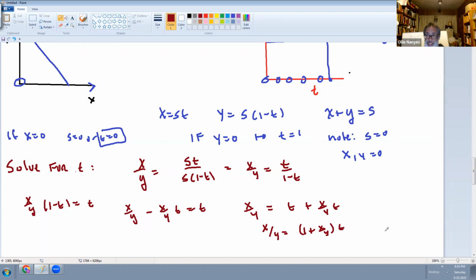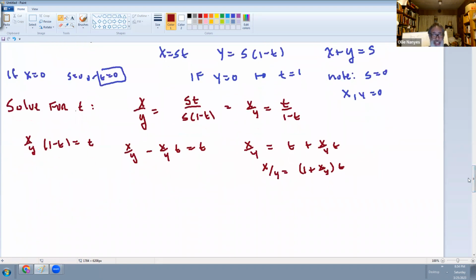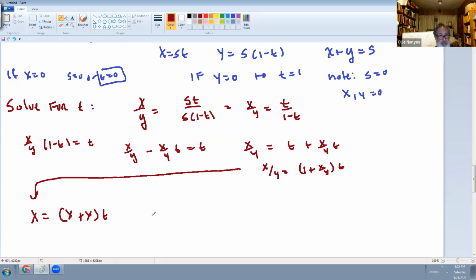Now I'm going to multiply both sides by y. So it's going to be x equals y t plus x t. So x over y plus x is t. We've solved for t.